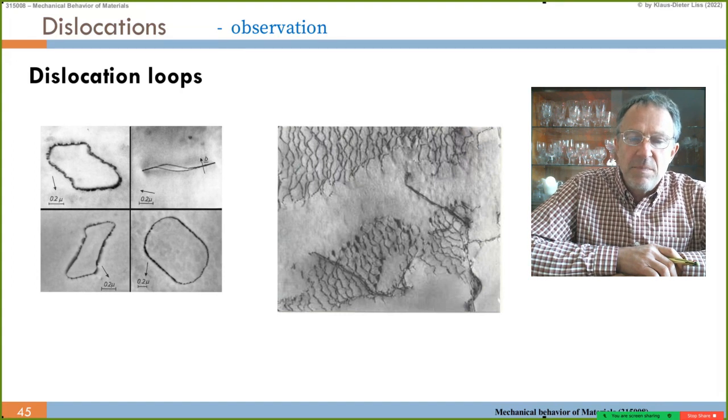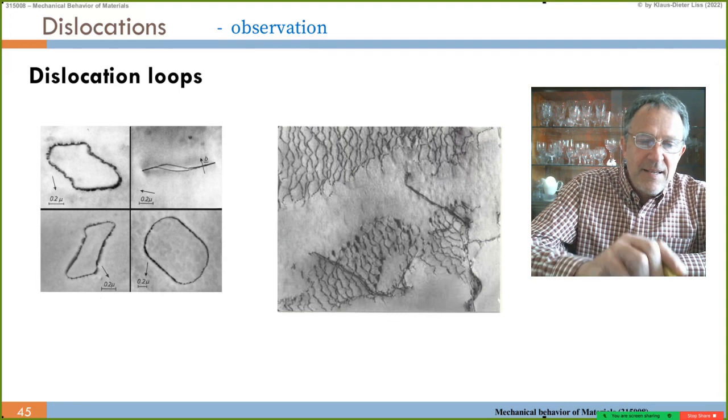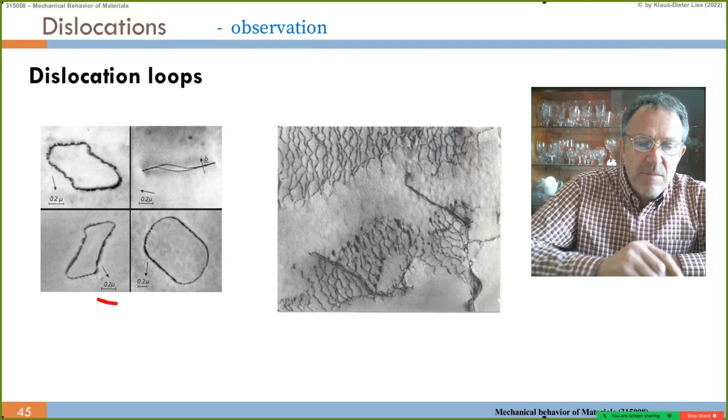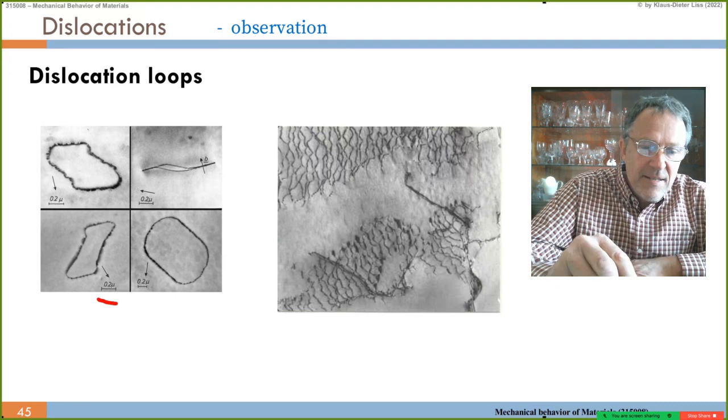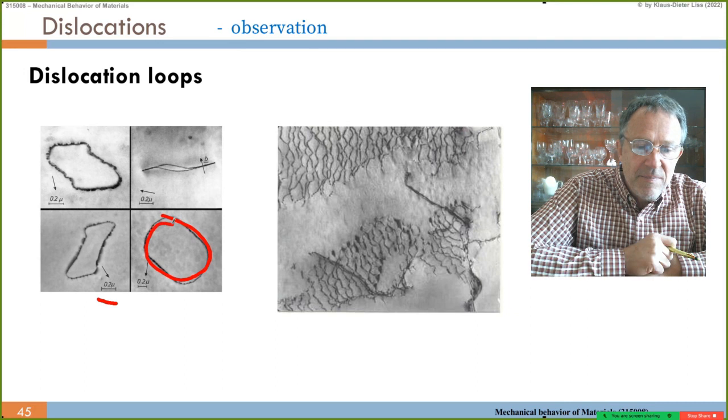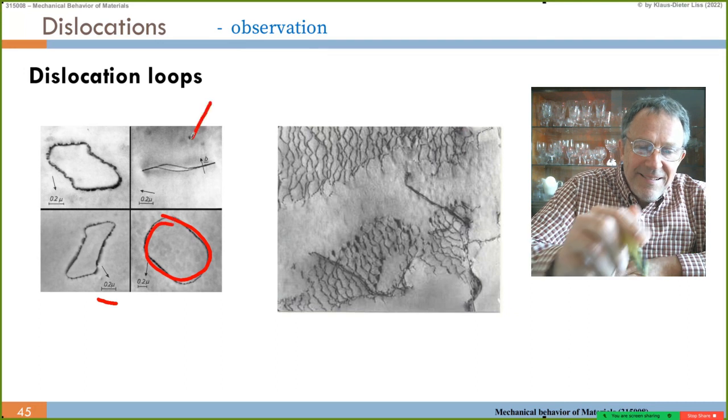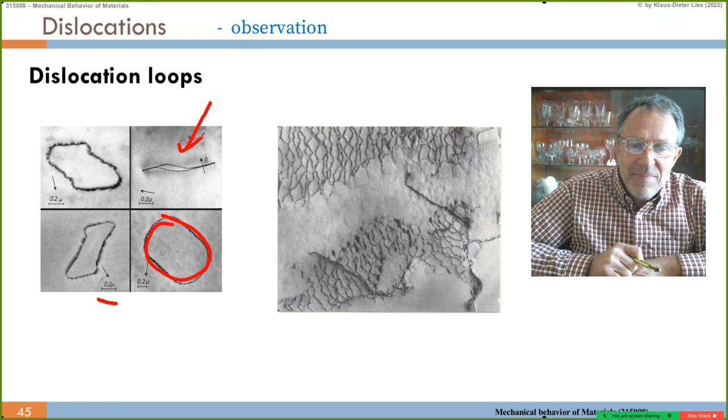Electron microscopy is a perfect means to look to dislocations. See here the scale bar is 0.2 micrometer, that length. And we see various loops. Loops which are zigzag, loops which are more oval shaped and or hysteresis shaped.